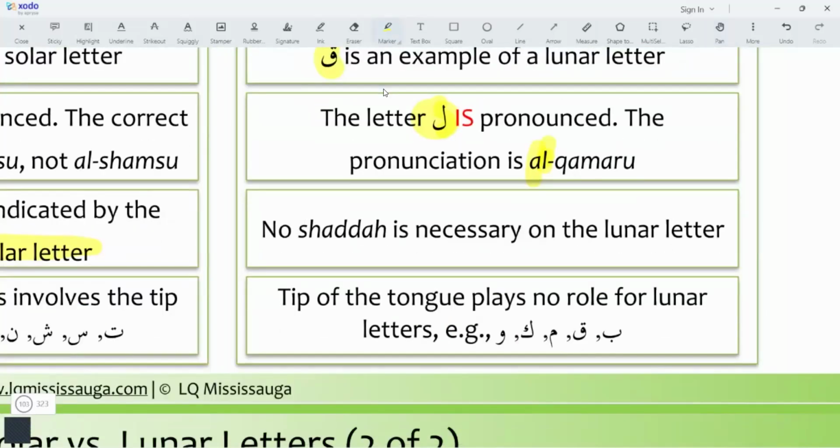So when we pronounce the lam, no shadda is necessary. No shadda is necessary on the lunar letter. Then the tip of the tongue plays no role for the lunar letter.